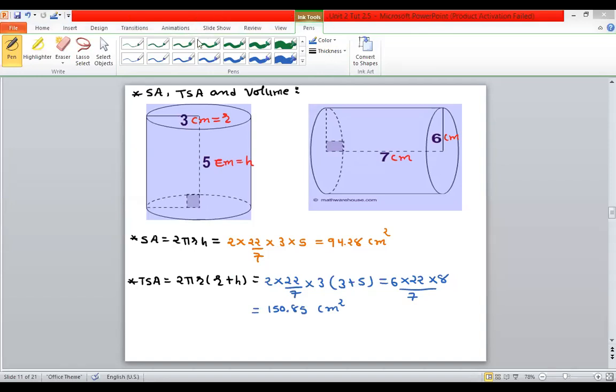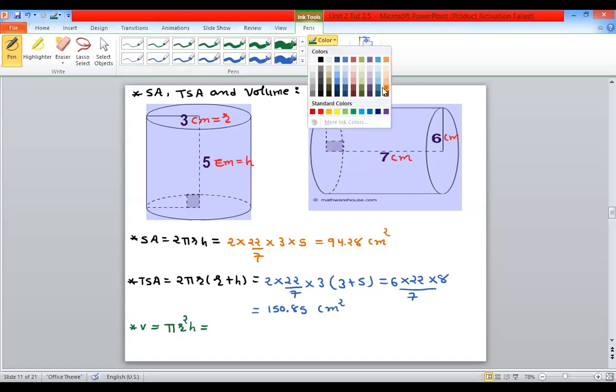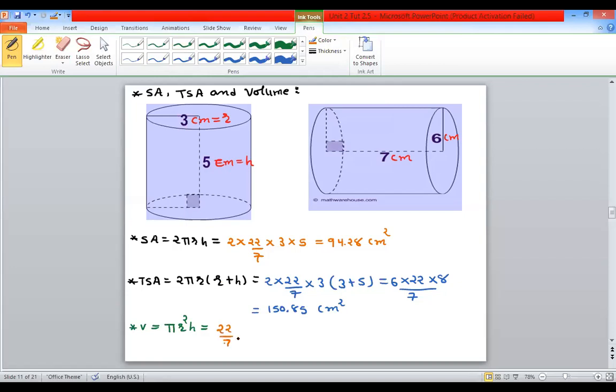Now the last thing, the volume. So the formula of the volume is pi r square h. Put all the values from the given data. Pi is represented by 22 by 7, r that means 3, it's 3 into 3, and height is 5. Take the product and divide by 7.